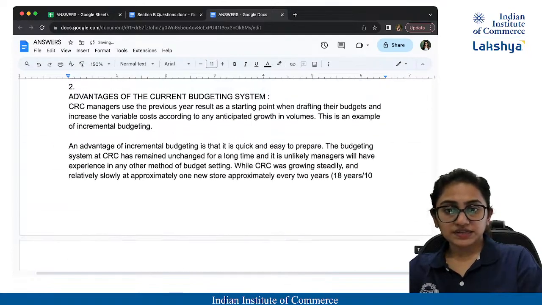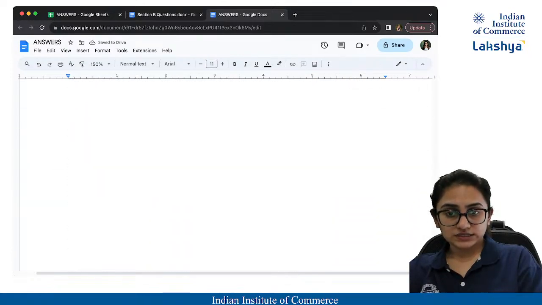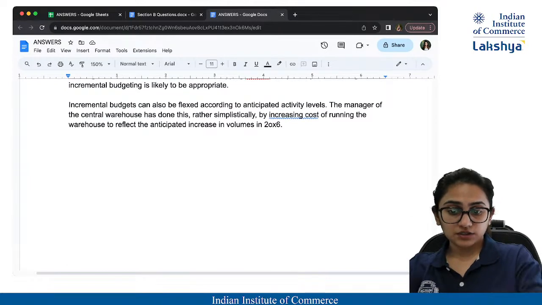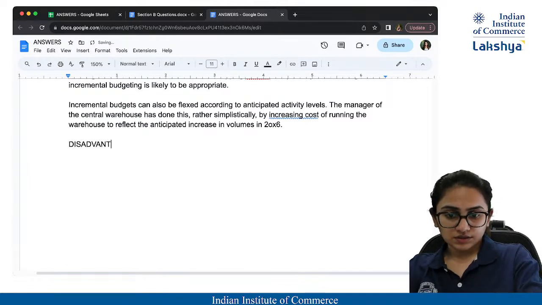So this becomes the advantage of the current budgeting system. You also have to tell them the disadvantages of the current budgeting system.